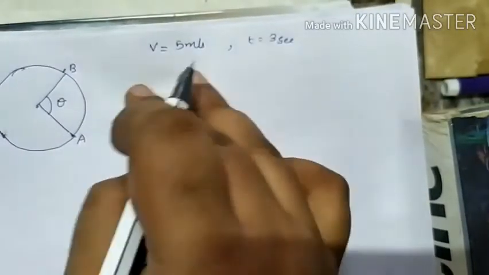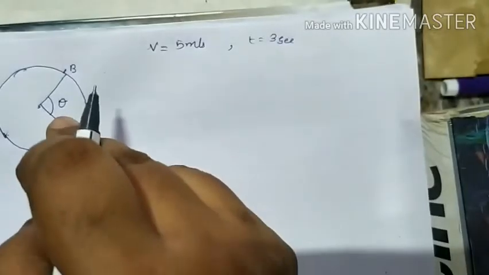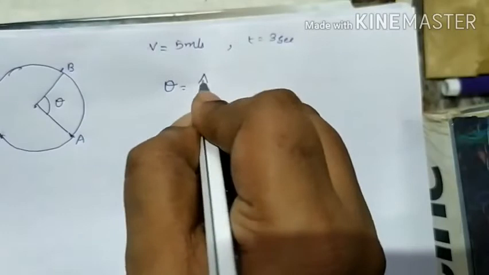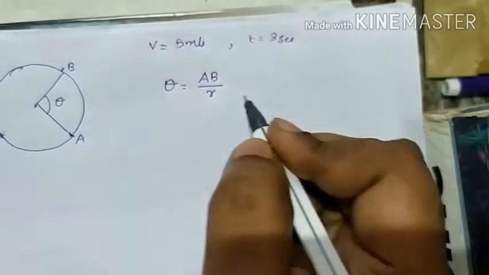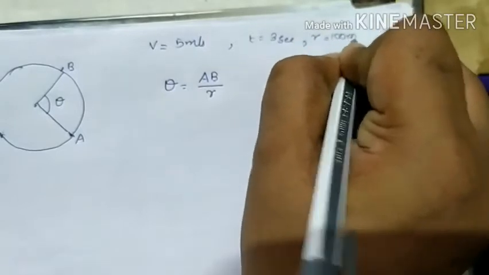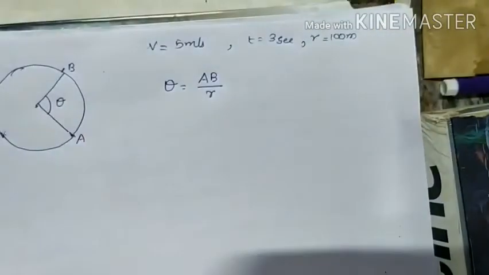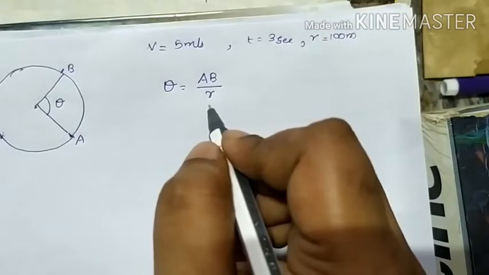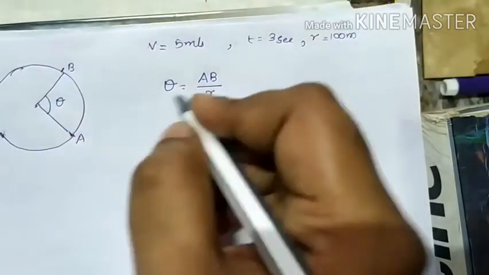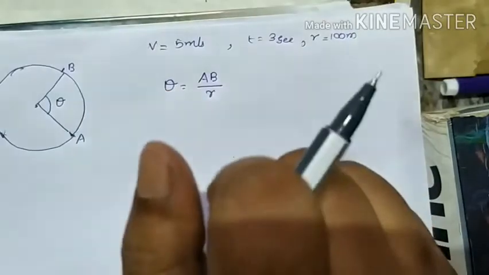So how would you calculate, based on what has been taught to you guys? This is a plane angle. So this theta is equal to arc length AB by radius R. Right. So now say radius of this path is given as 100 meter. Now how would you calculate this value? Now what is AB? This is arc length. So that is not straight away given to you guys.